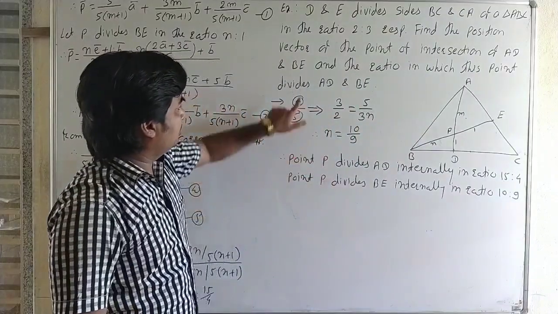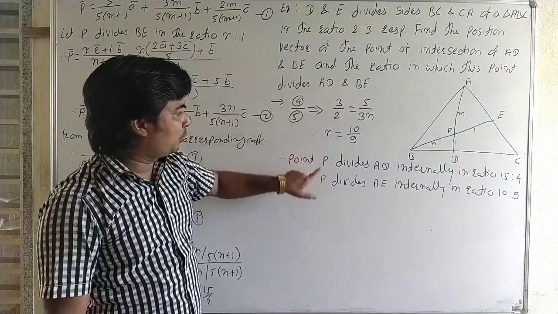Okay, it is the first question. Here ratio, then we find the position vector of point P.